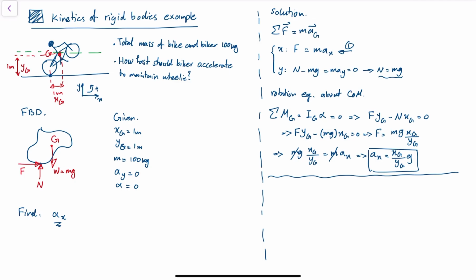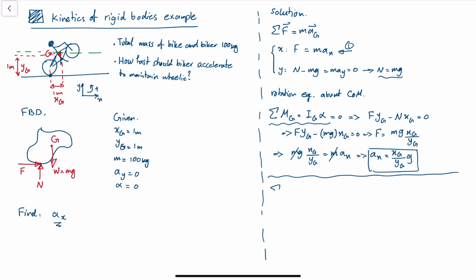This rotational equation that I wrote is always valid, but sometimes it becomes a little clunky, specifically in this case too, because when we start the problem, neither N nor F are known. The only known force is gravity. But I can note that the moments of those two forces are 0 about the contact point because both of them pass through that contact point.